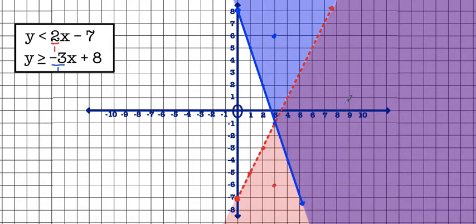However, if I pick a coordinate in this purple area, then this coordinate is true for both inequalities, making this purple region the solution that is true for both inequalities. So when we're doing systems of inequalities, we want to find out which coordinates are true for both inequalities, which is this purple region here.